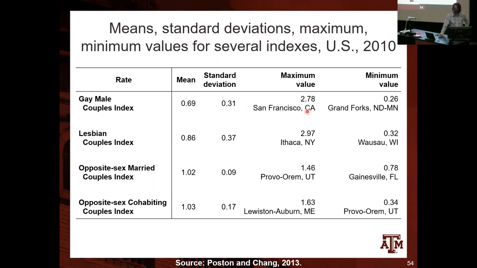For gay couples, it varies from 0.26 to 2.78. So we are saying that gay couples are 2.78 times more likely to live in San Francisco than in a randomly selected household from all these metropolitan areas.